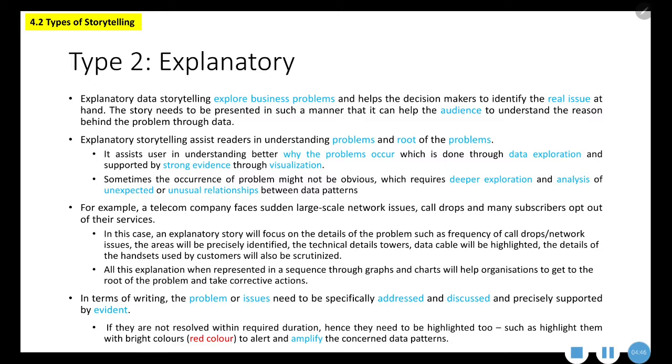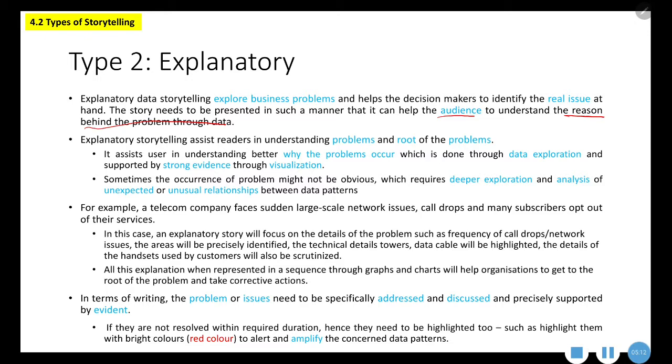The second type is explanatory. Explanatory data storytelling explores business problems and helps decision makers to identify the real issue at hand. So the story needs to be presented in such a manner that it can help the audience understand the reason behind the problem through data.